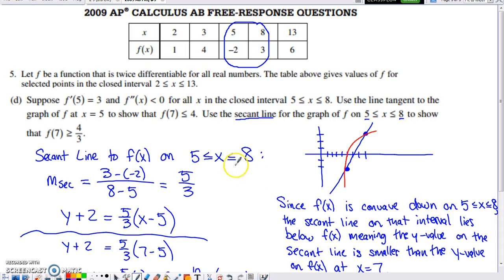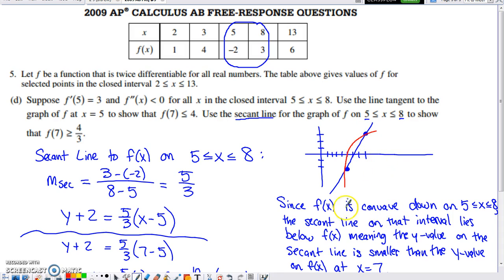Now, we still know that the function has to be concave down on the interval from 5 to 8, since the second derivative is negative. If I draw my secant line in from the point 5, -2 to the point 8, 3, and I draw a curve that goes through both of those points that's concave down, what's that got to mean about our curve? Well, our curve is actually going to sit up above the secant line.